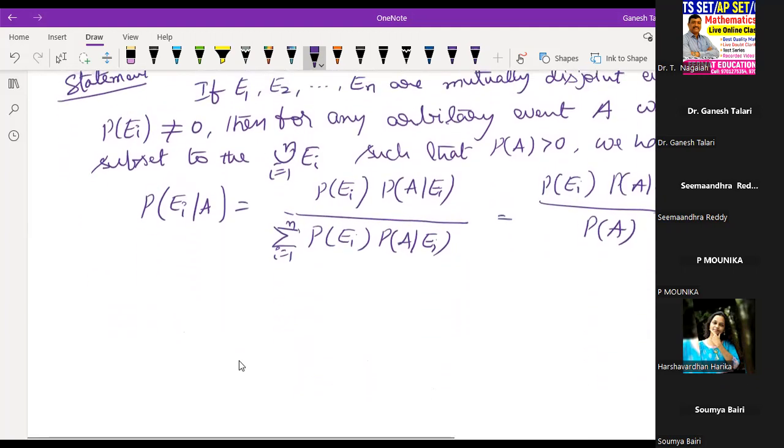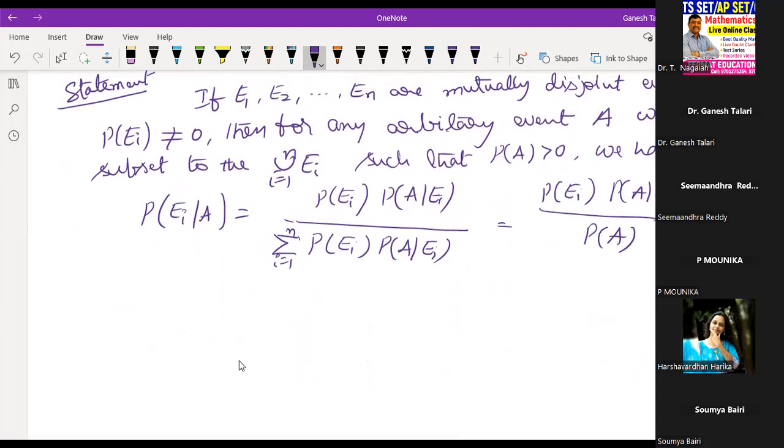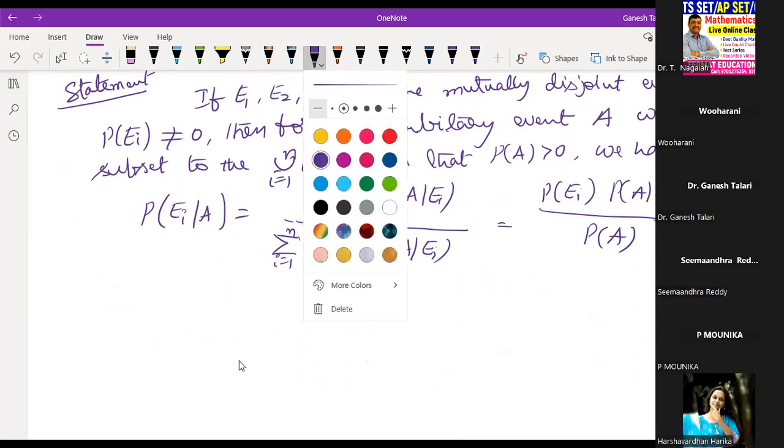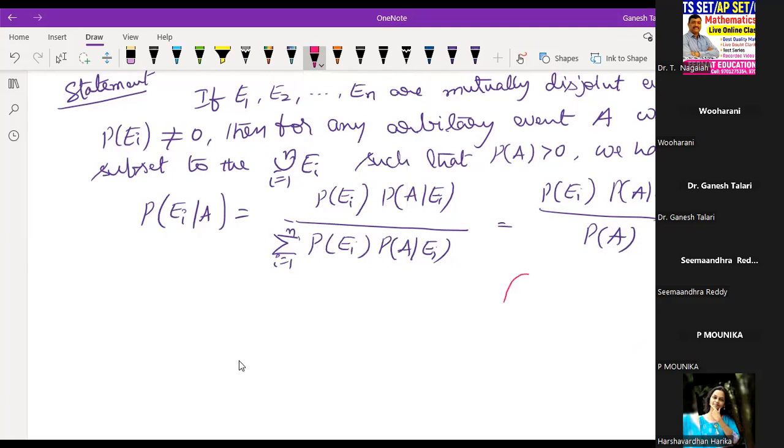See, E1, E2, and so on, En are mutually disjoint events. Let me draw a diagram like that. This is an arbitrary event.